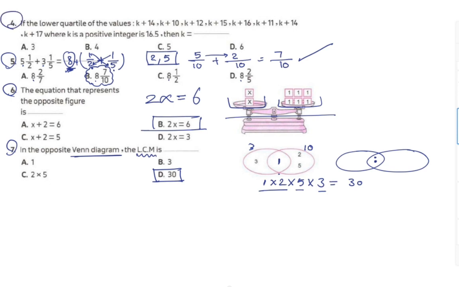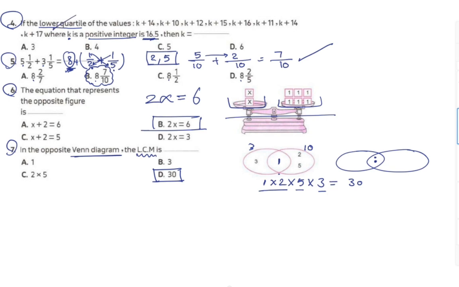The last point of this page says: if the lower quartile of the values k plus 14, k plus 10, k plus 12, k plus 15, k plus 16, k plus 11, k plus 14, and k plus 17, where k is a positive integer, is 16.5.